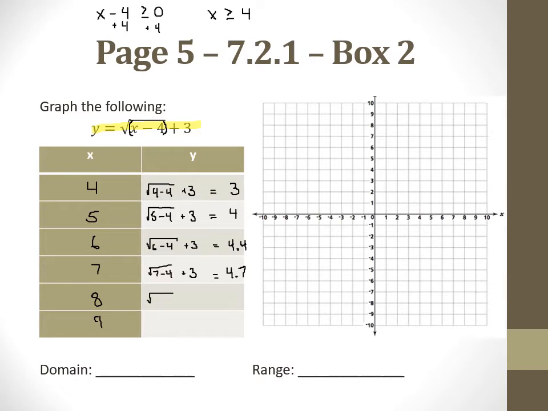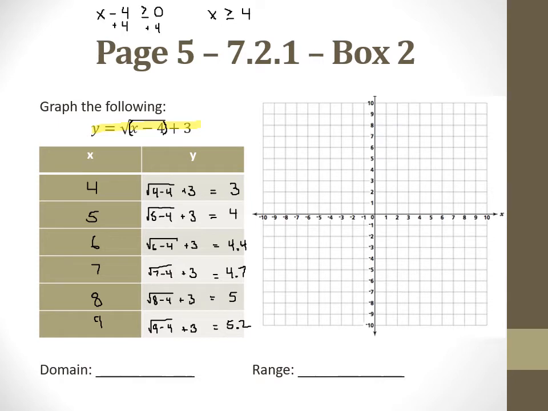Plugging in 8 for x, we've got the square root of 8 minus 4, which is the root of 4, or 2. 2 plus 3 gives us 5. And then last one here that we'll plug in, an x value of 9. 9 minus 4 is 5. The square root of 5 is about 2.2. And then adding 3 to that, we get 5.2.